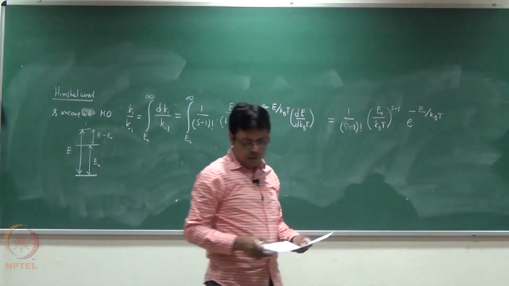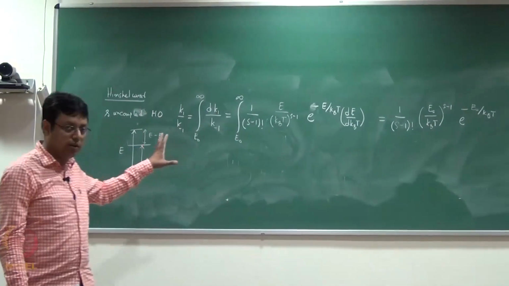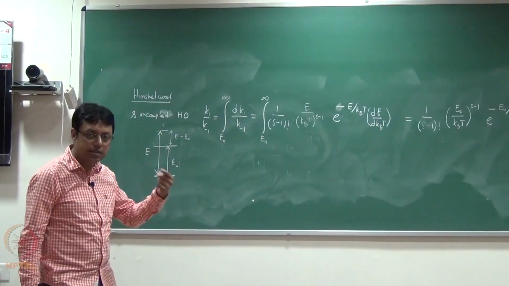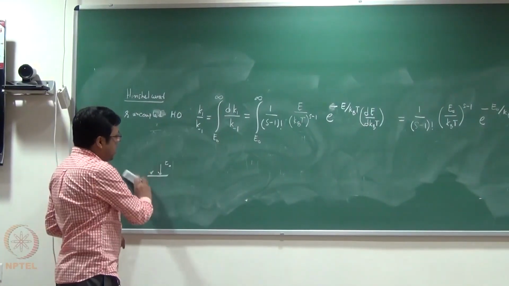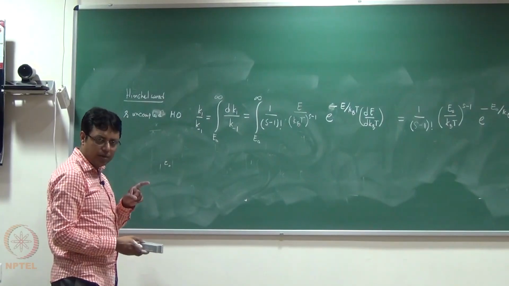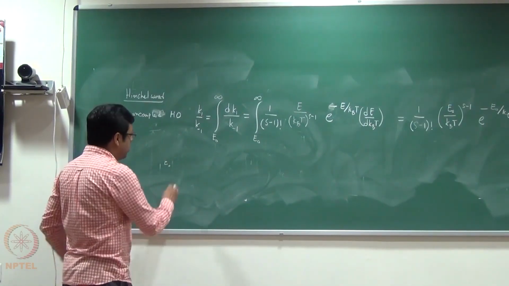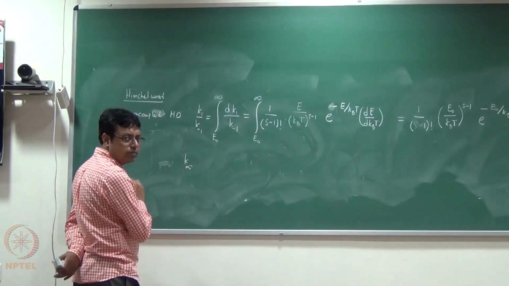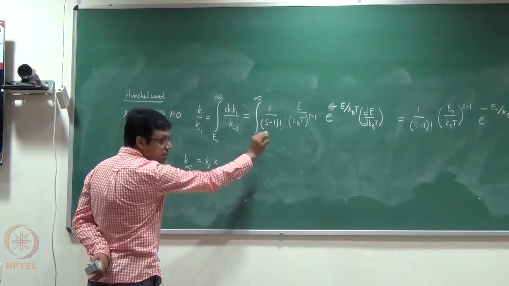What Hinshelwood did is basically calculating this ratio, energization divided by de-energization. But that we do not measure experimentally. What we measure experimentally is something like the high pressure rate constant, which is nothing but k2 times this thing.